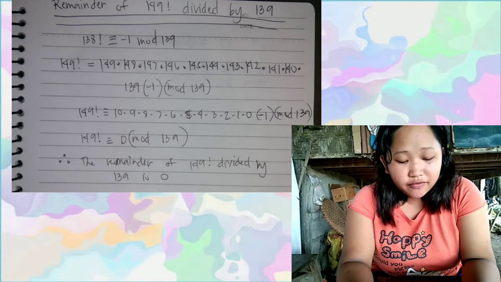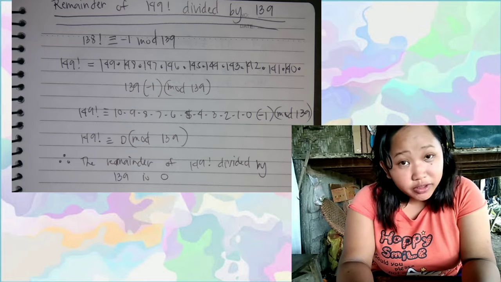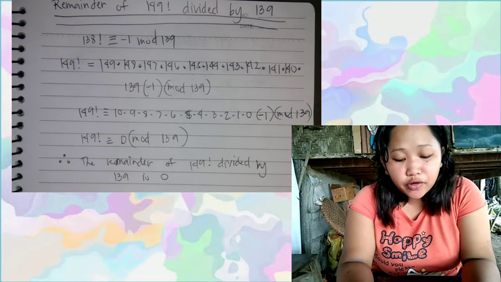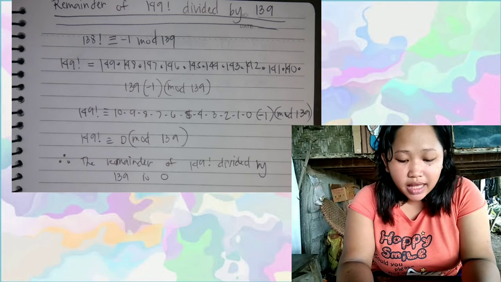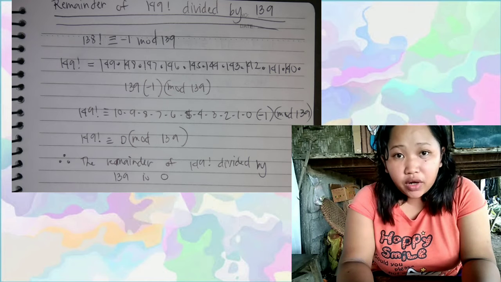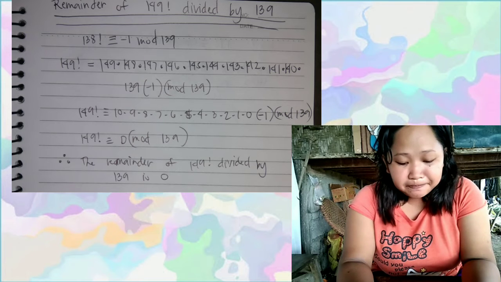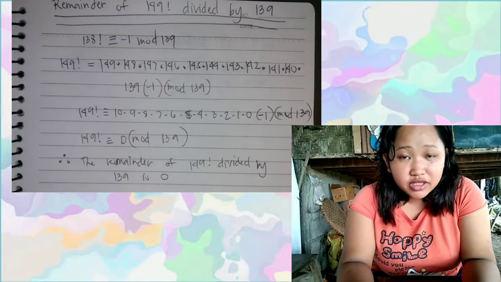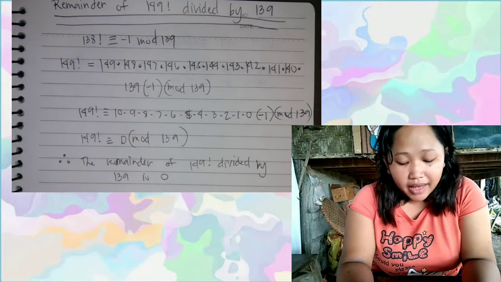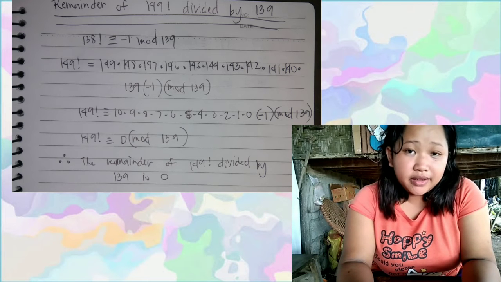So 149 factorial is congruent to 149 times 148 times 147 times 146 times 145 times 144 times 143 times 142 times 141 times 140 times 139 times negative 1 modulo 139. 149 factorial is congruent to 10 times 9 times 8 times 7 times 6 times 5 times 4 times 3 times 2 times 1 times 0 times negative 1 modulo 139.